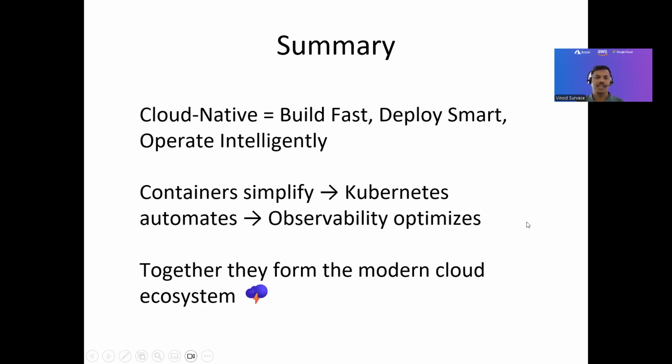And in summary, cloud native is going to help us build faster, deploy smarter, and operate intelligently so that we are not stuck and left behind, right? And we are ready for the market as well. So containers are going to simplify our workloads, with deployment by Kubernetes automated, and observability, right?